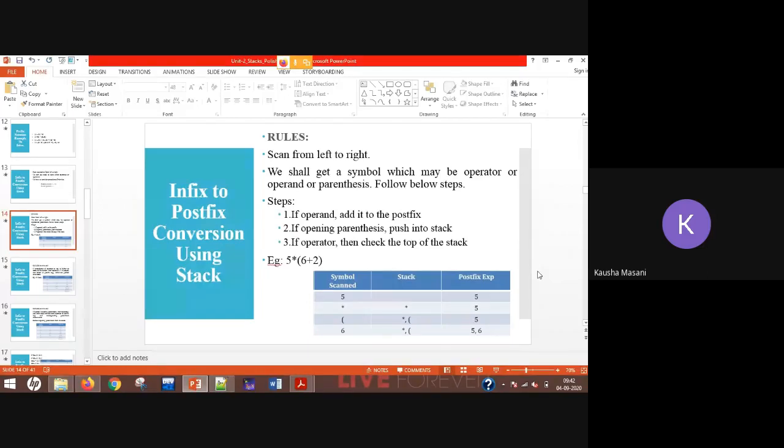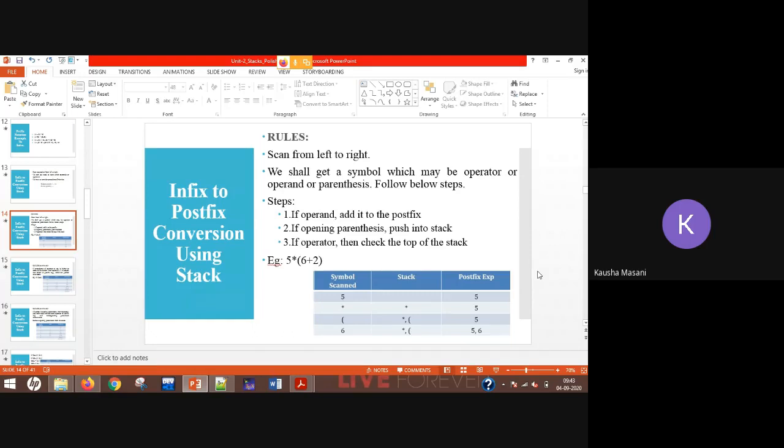But if in the case of operator, there is an operator already present on the top of the stack, then you have to compare the precedence of the topmost element present in the stack. If the precedence is higher or similar, then you are going to pop out. But if it is not, then you are just going to simply place it.